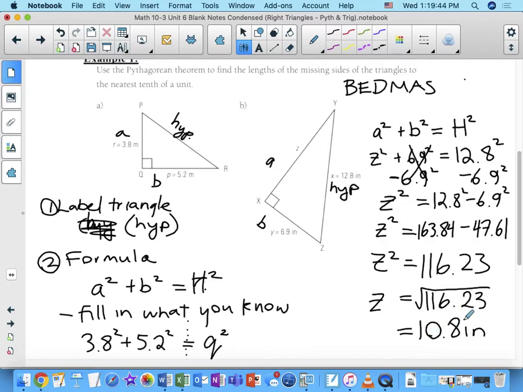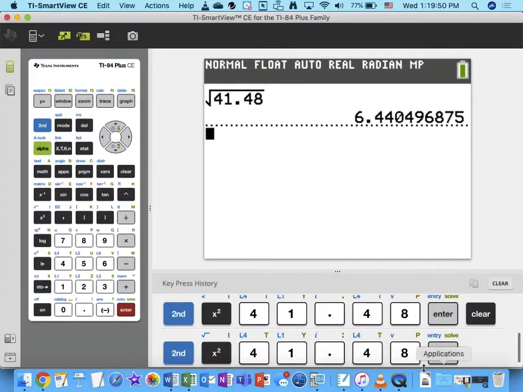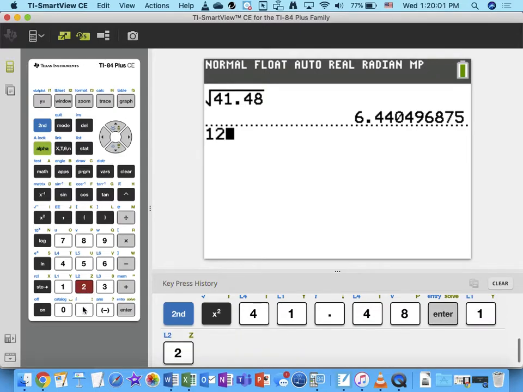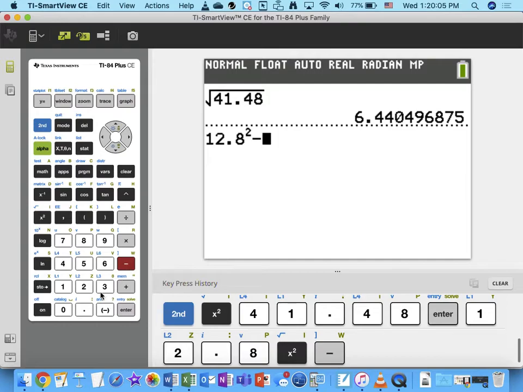Okay, now one thing I want to just show you guys is that if you have a scientific calculator, your scientific calculator should be able to do order of operations for you. Okay, so what I'm going to do is enter in 12.8 squared minus 6.9 squared on my calculator.